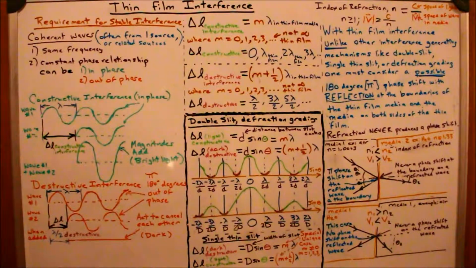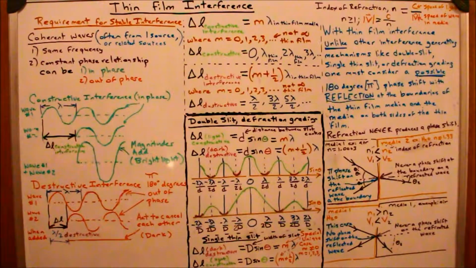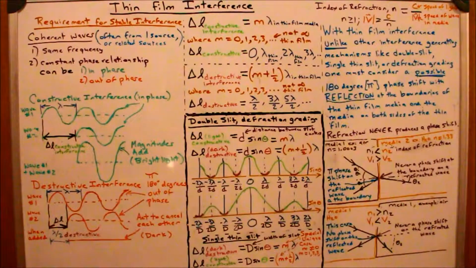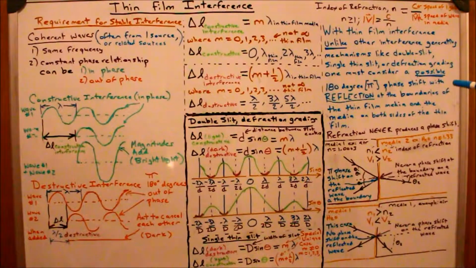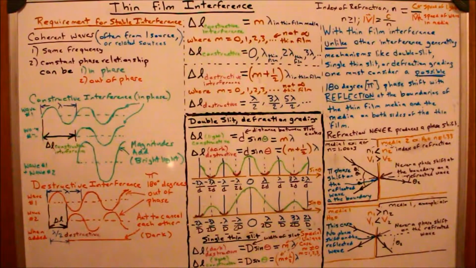So in addition to this delta length difference, we can have a possible phase shift of pi, which happens because of reflection, but it happens because of differences of the index of refraction of the two media.